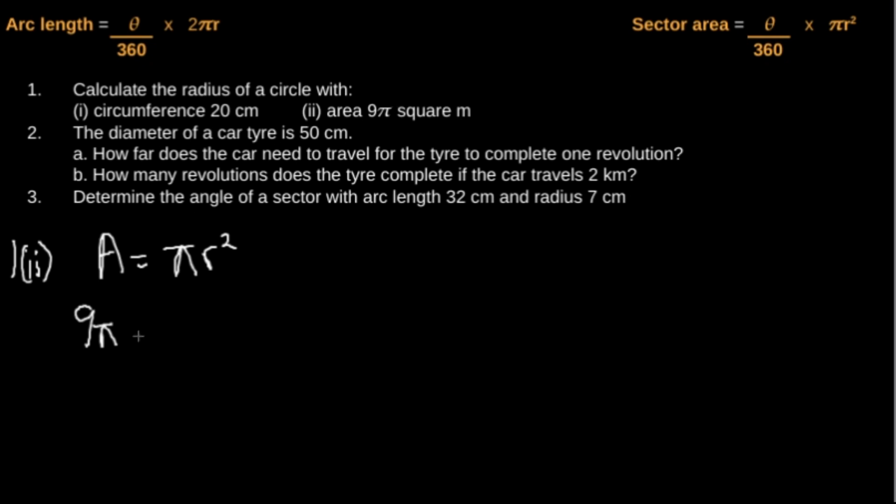So 9 pi square meters equals pi r squared. We're going to use pi as it is. There's no need for us to change it to 22/7 or 3.14 because they're going to cancel each other out soon. The area was also given in terms of pi, so let's just go on with that.